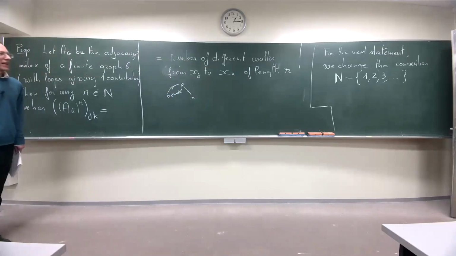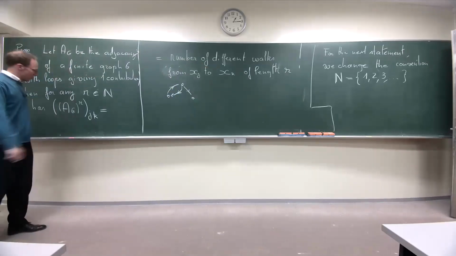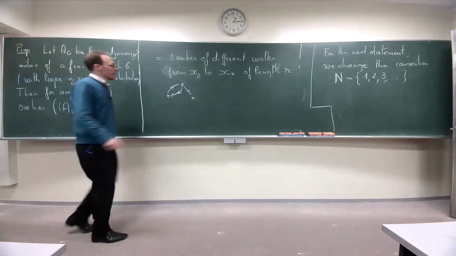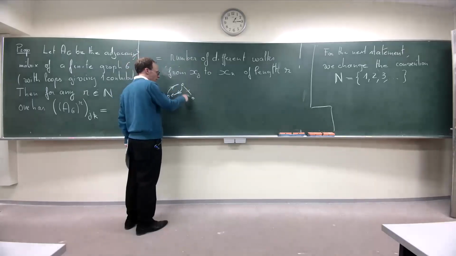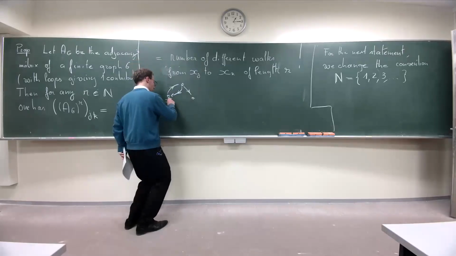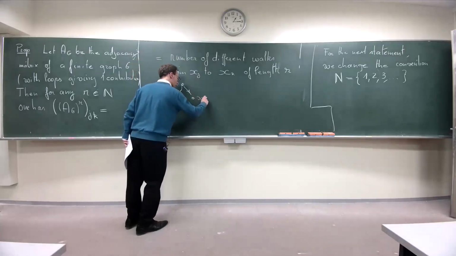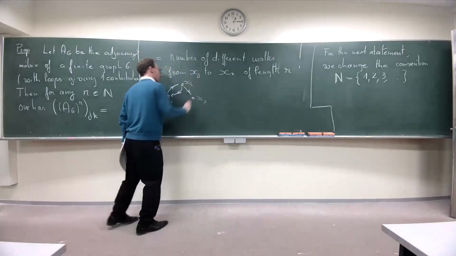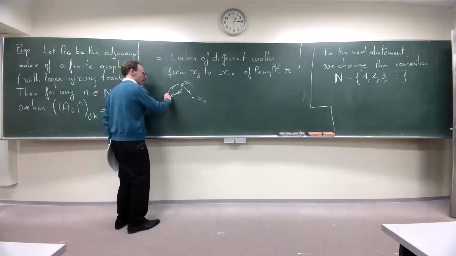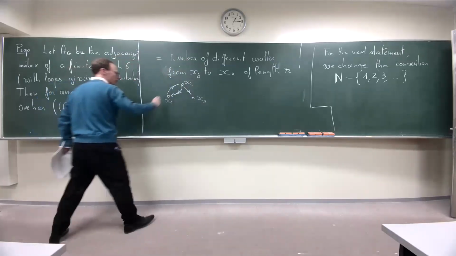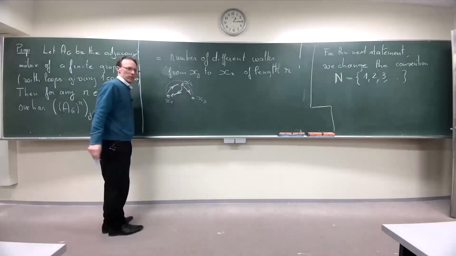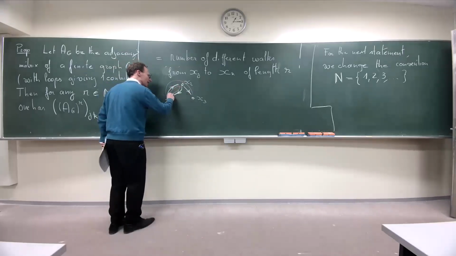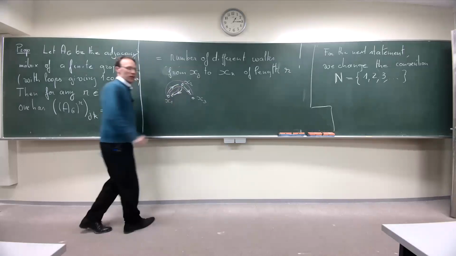Look, suppose you iterate this matrix. How many ways do you have to go from this point x1 to x3? Of course, you can do this, that's true, but you can also turn around here many times and finally come here.